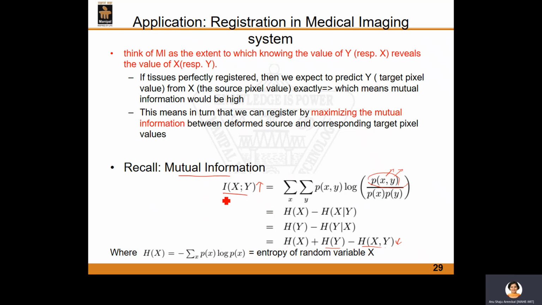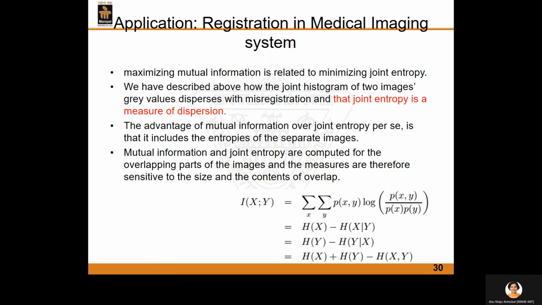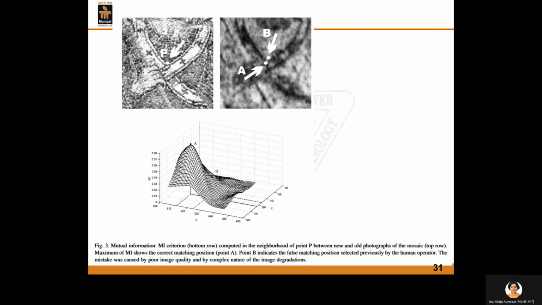How we formulate the mutual information is: mutual information is equal to the entropy of one image plus the entropy of the other image, and from that you subtract the joint entropy between both images. And then we use it as a maximization problem over here. We try to maximize the mutual information between both the images. Okay, so let's have a look at this example here.